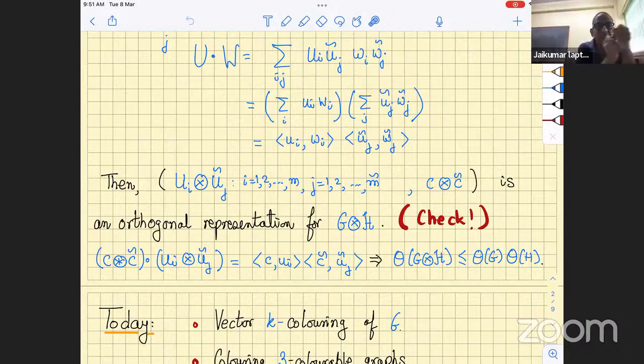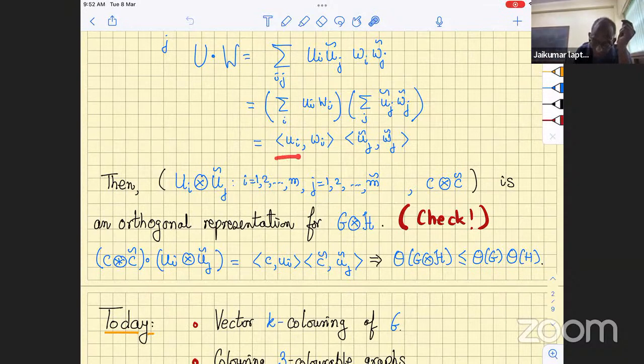They agree on the first component, but in the second component they are distinguishable. That means there is no edge between them. So if there is no edge between two such pairs, then in one of the components, it must be the case that the edge was absent in the corresponding graph, either G or H.